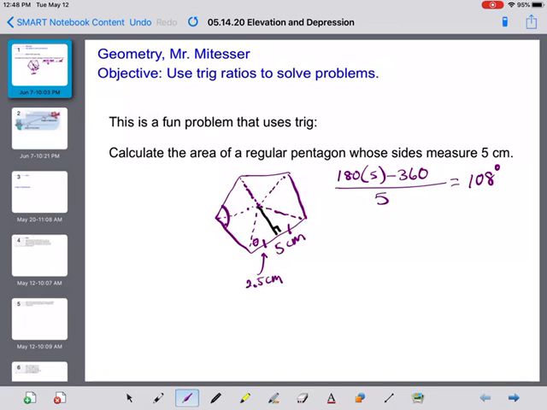So each interior angle is 108. So then the angle marked in this diagram is half of that. So 54 degrees. So let me zoom in on that triangle. So you have a 54-degree angle, and we have 2.5 centimeters.